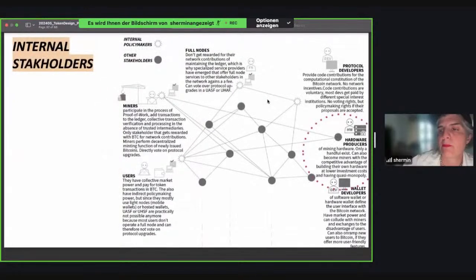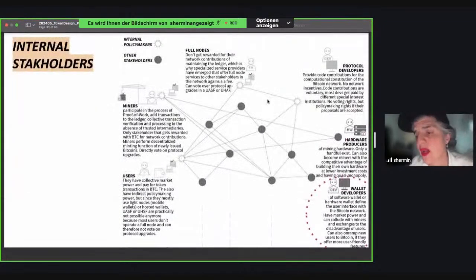We have the hardware producers. They are an important stakeholder in the network, because they influence the economic conditions of mining. And we have wallet developers who create the interface for the blockchain client, in this case, the Bitcoin client.